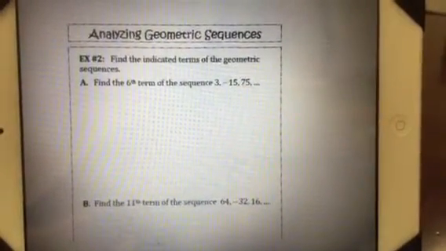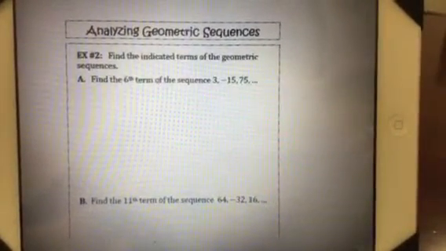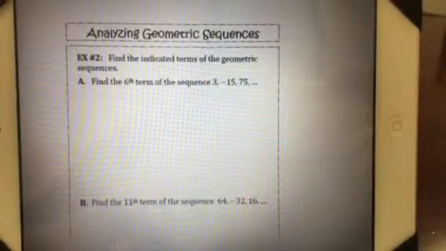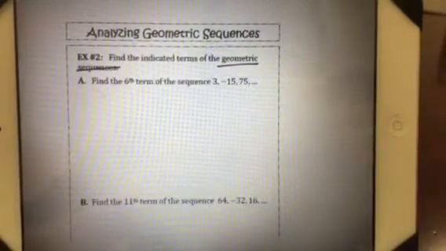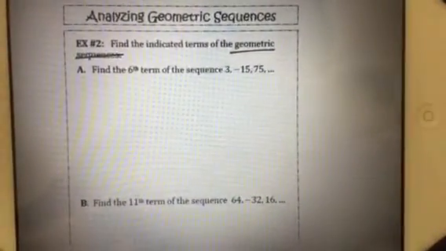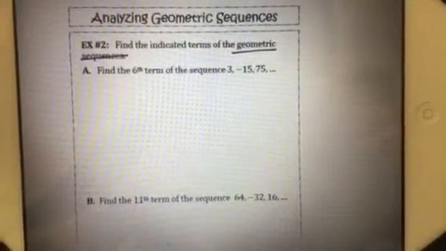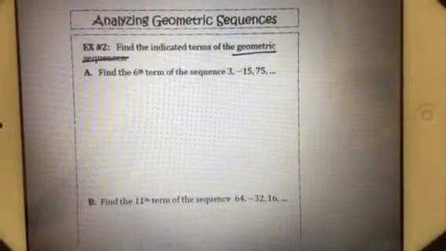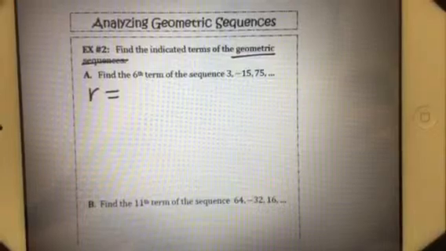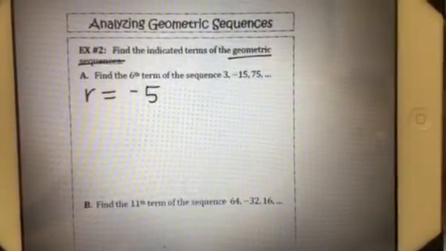Let's look at example 2. Find the indicated terms of the geometric sequences. Well, they're already telling us that they're geometric sequences. So first we have to find the common ratio in order to find the formula, in order to be able to find the sixth term. So our common ratio here would be negative 5.